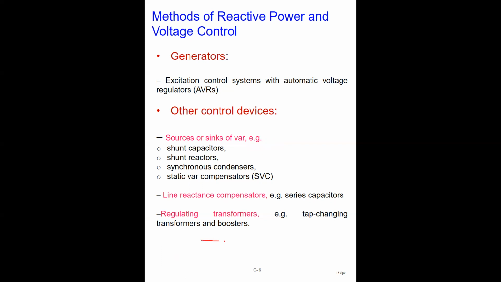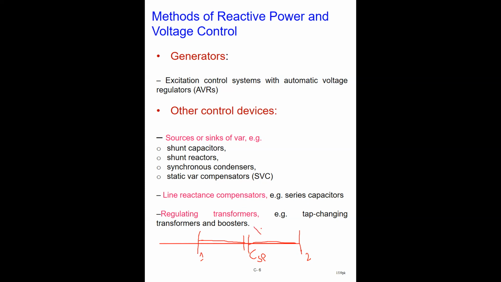Let's say this is the line, this is bus 1 and this is bus 2, and here you have a series capacitor placed. So it is in series with the line.